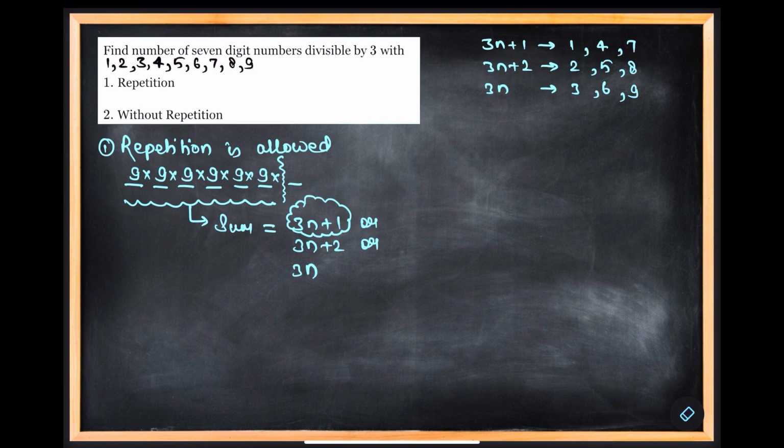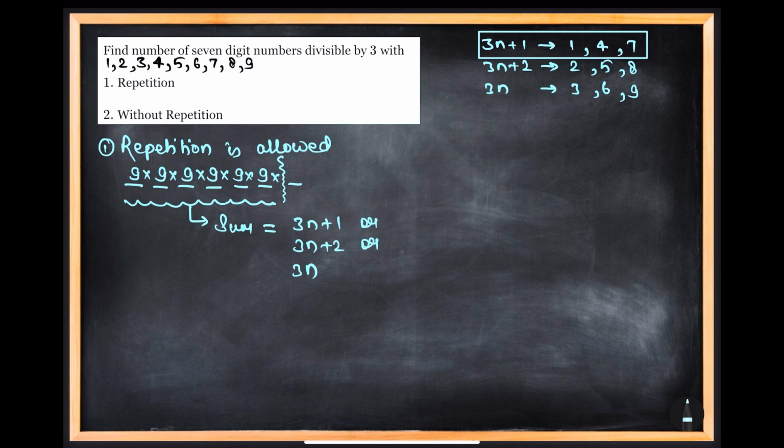Suppose your sum is 3n plus 2 type, then you have to take a number from 3n plus 1 type. Again 3 choices.